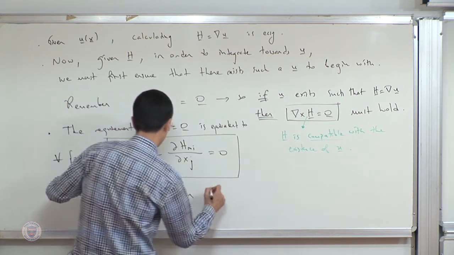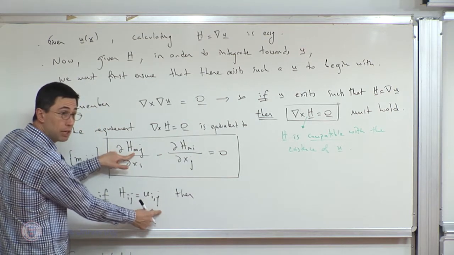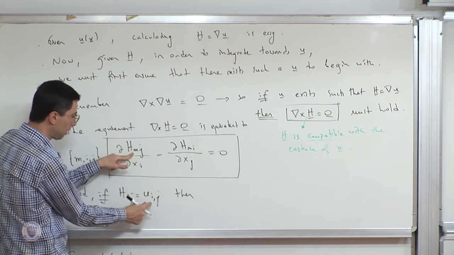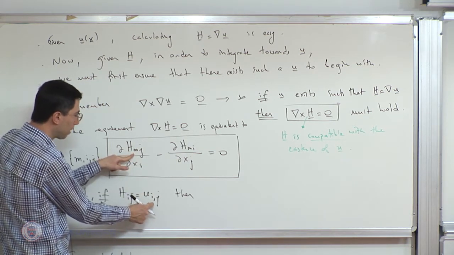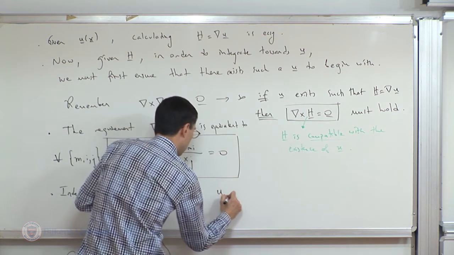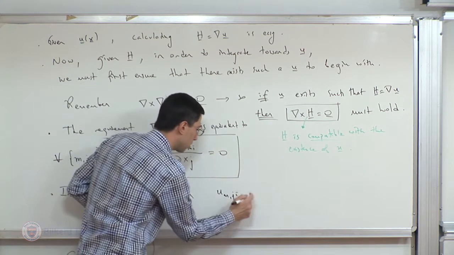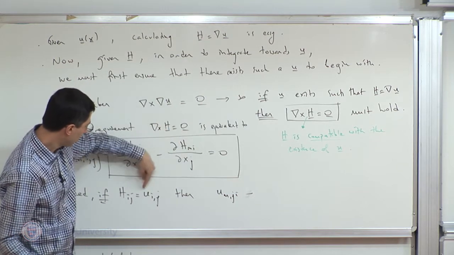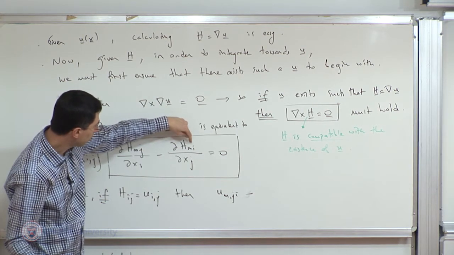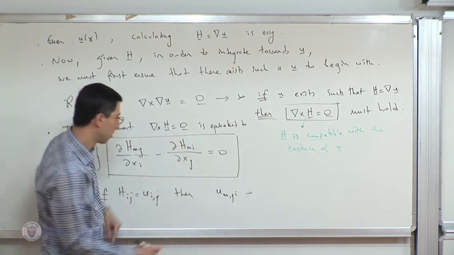So this is h_mj, so it would be u_m,j. It's just another index, doesn't matter. So u_m,ji is equal to, or minus, h_mi, so u_m,i, that is u_m,ij.